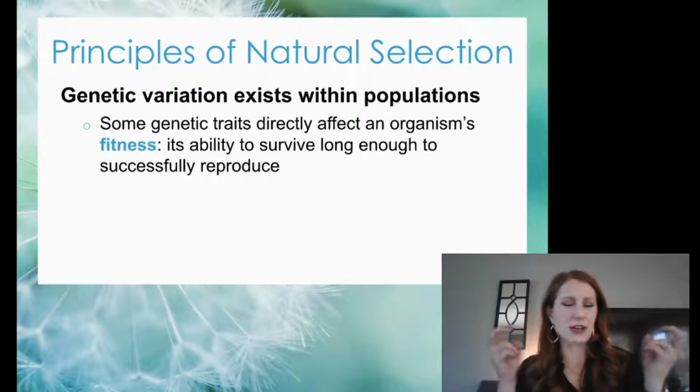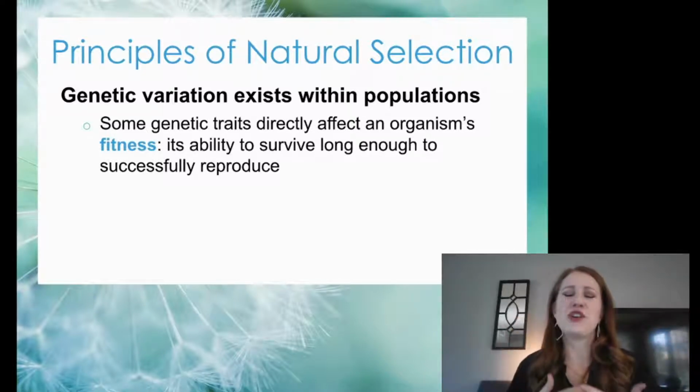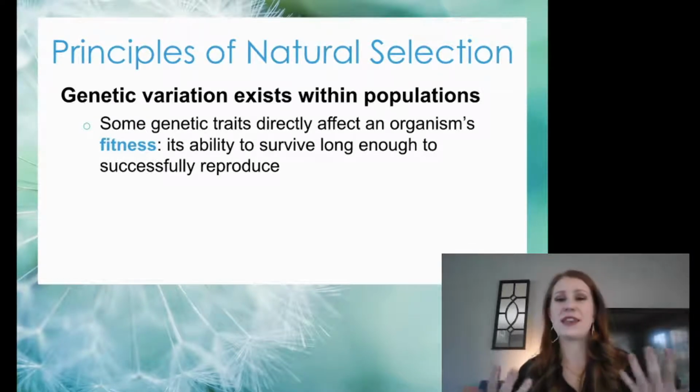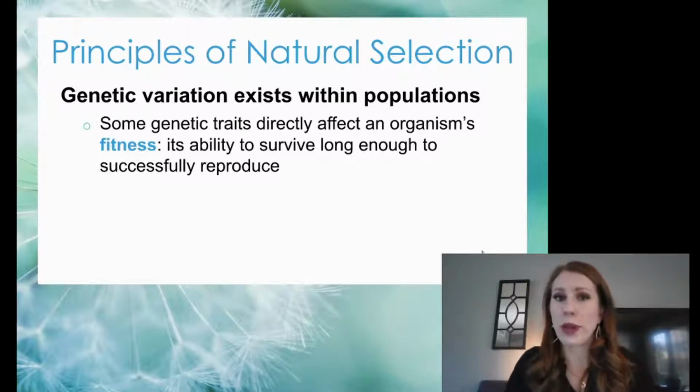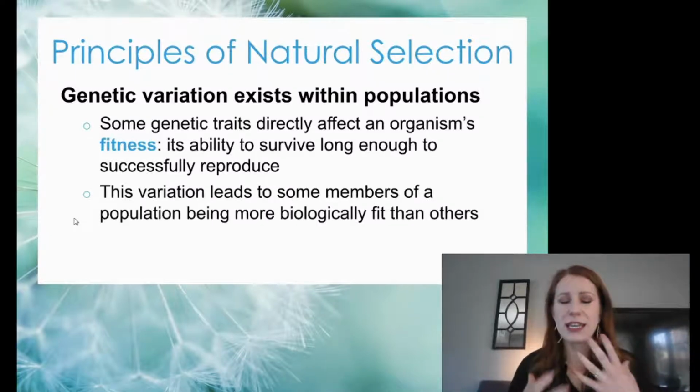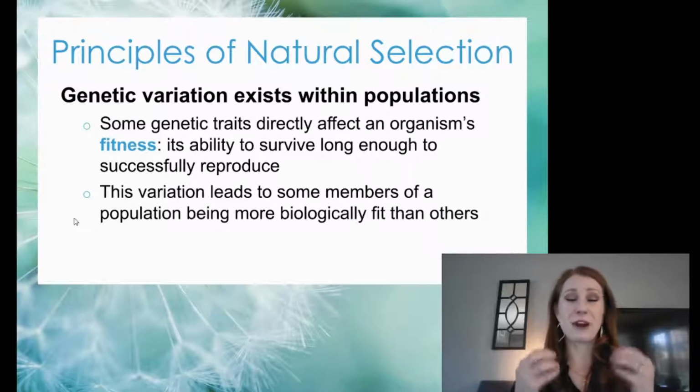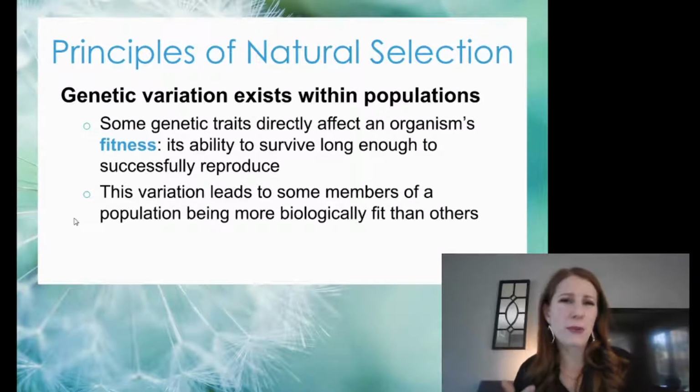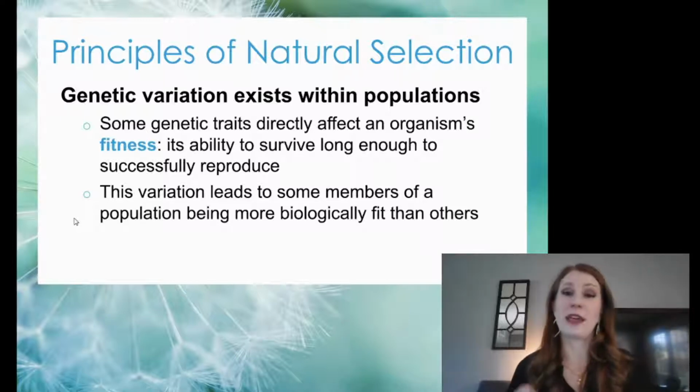If you want to, as I call it, win at biology, you have to survive and reproduce. Because when you reproduce, you're passing on your traits to the next generation. And that's the whole point. So our fitness, the different degrees of it, that is a variation. And it leads to some of the members of our population being more biologically fit for their environment than others.